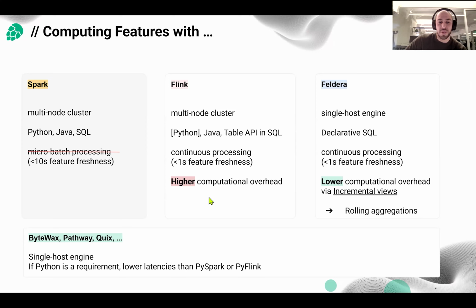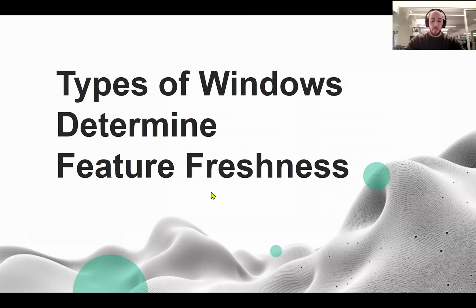But if Python is a requirement, you will end up using Bytewax or Pathway or Quix, because they offer lower latencies than PySpark and PyFlink.